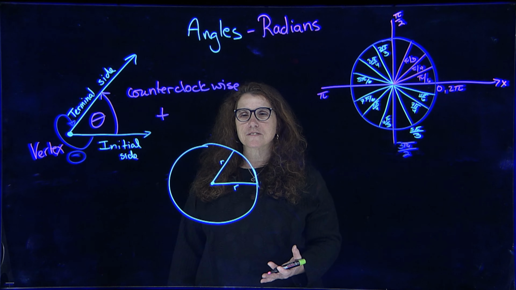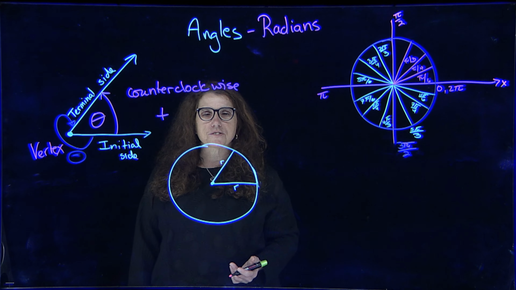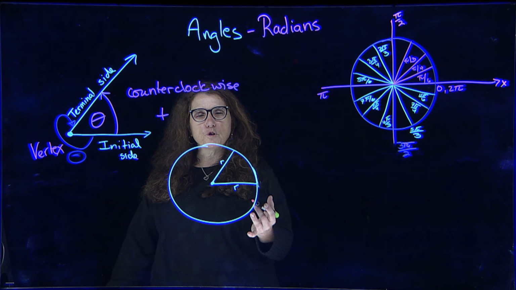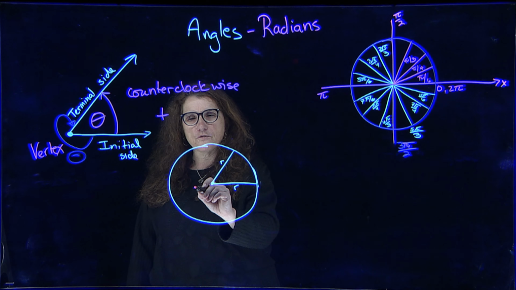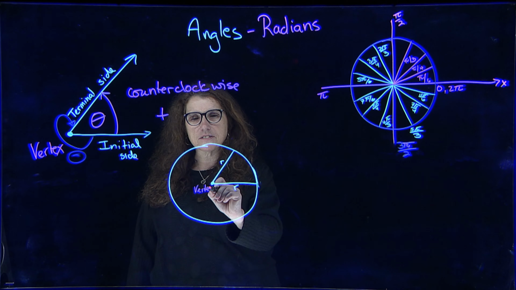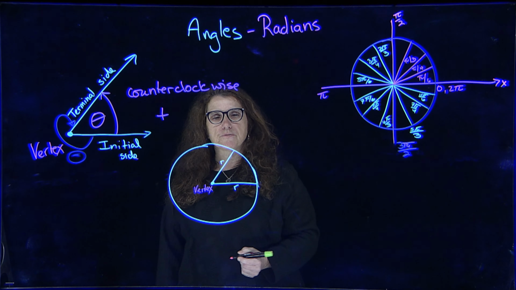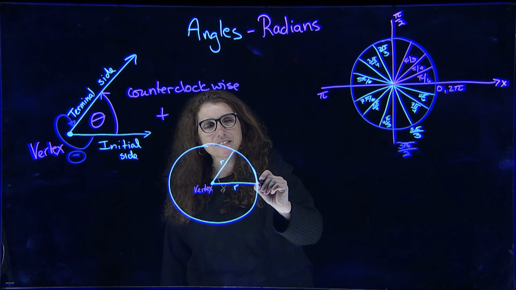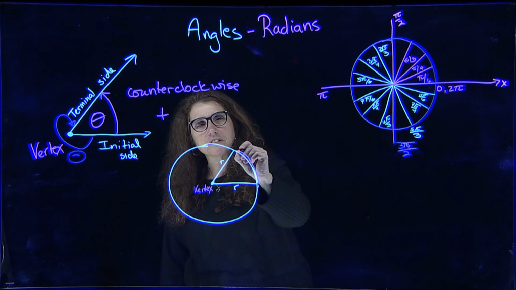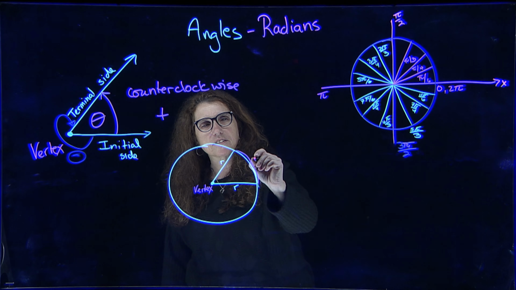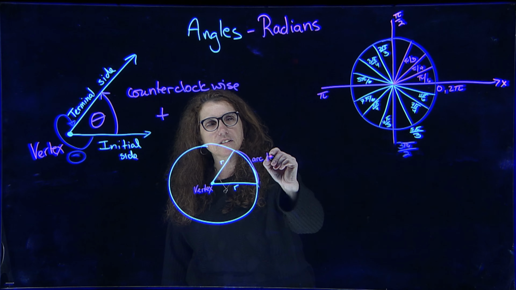And radians really are based on the circle, where we form a central angle where the vertex is in the center of a circle, and we have a certain radius that is exactly the same measurement as the arc length. This is what is called arc length.